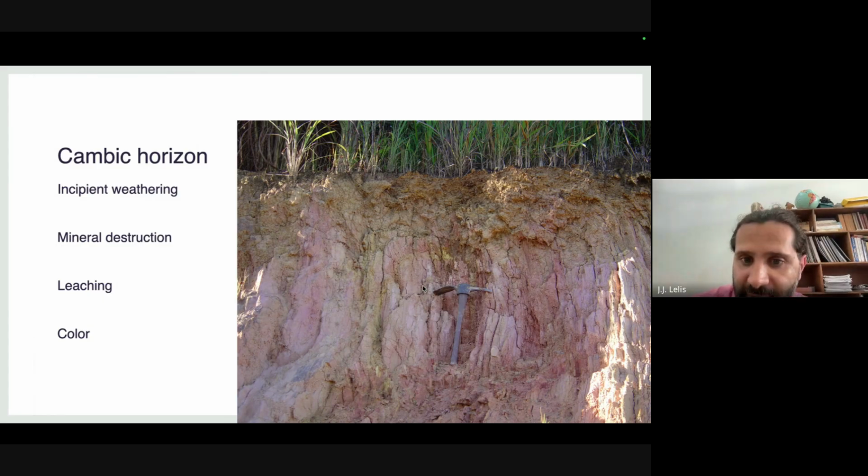Or, for example, I can register a redder color. I can register just the same value or the same chroma or even lower than that, but rather hue. For example, I see here 5YR, and here I'm saying that this is 2.5YR. So I have a redder color here than this. So yes, I will call this a cambic horizon too.